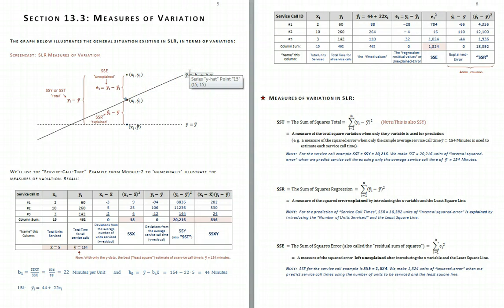That is, the part left unexplained is the ith residual value, the height yi minus the height yi hat. Squaring the residual values, that is the ei's, and summing over all i, we obtain the sum of squares error quantity, SSE. SSE is a measure of the portion of the total error that remains unexplained after introducing the x data and the simple linear regression line.